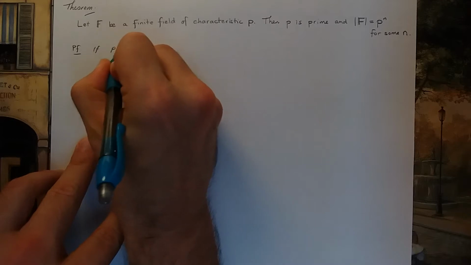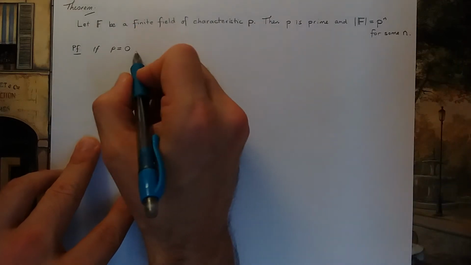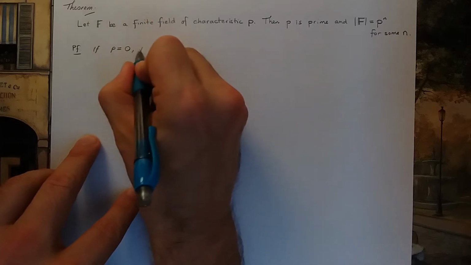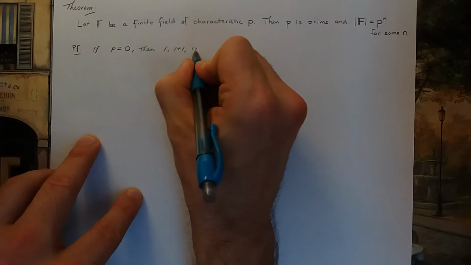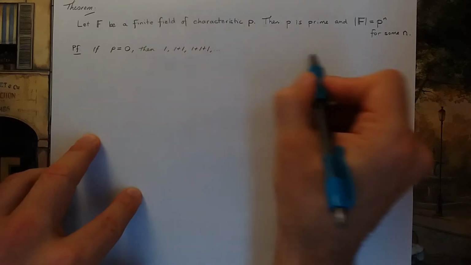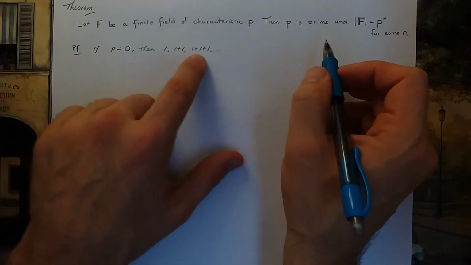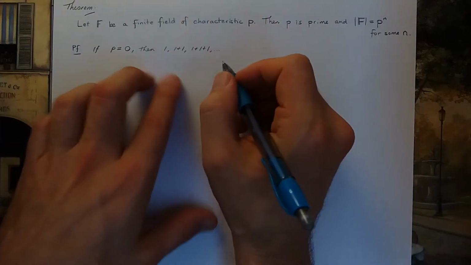The characteristic of a field could be 0, and that's just the situation where 1, 1 plus 1, 1 plus 1 plus 1, and so on, never gets you 0. So no sum of 1s can ever equal the 0 in the ring.